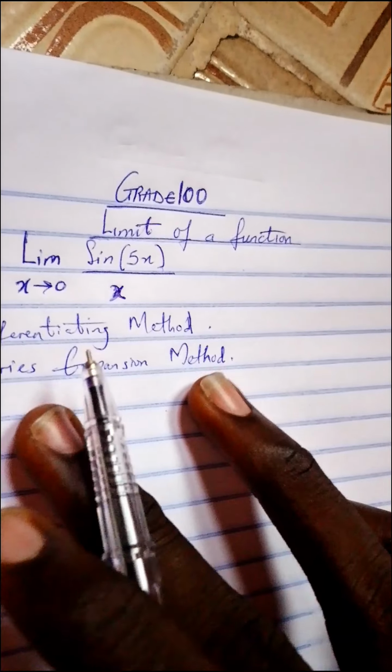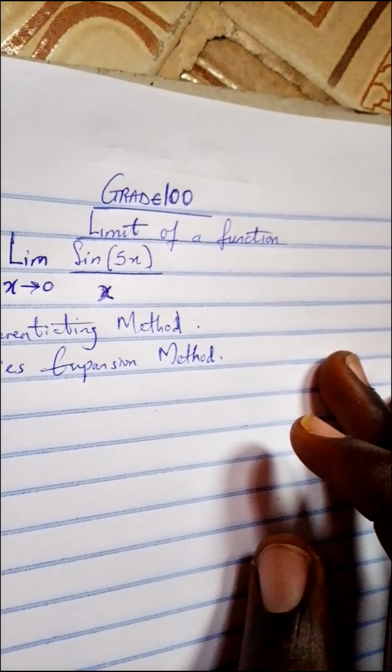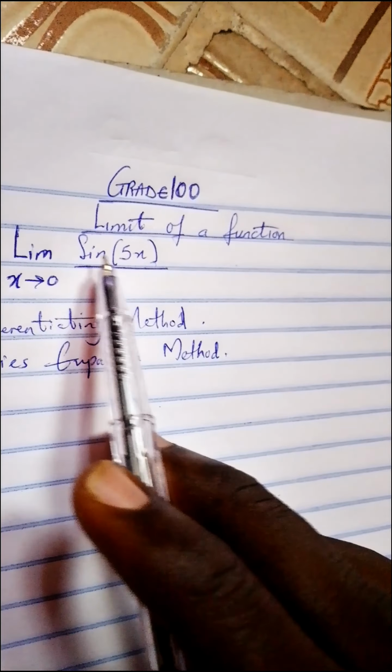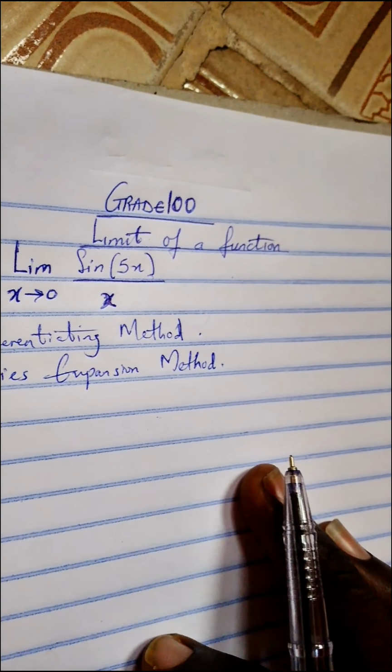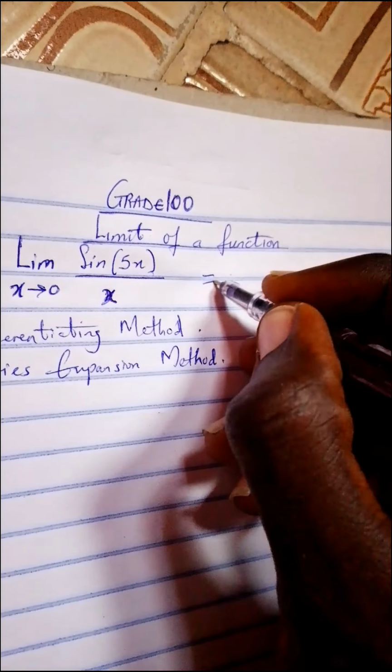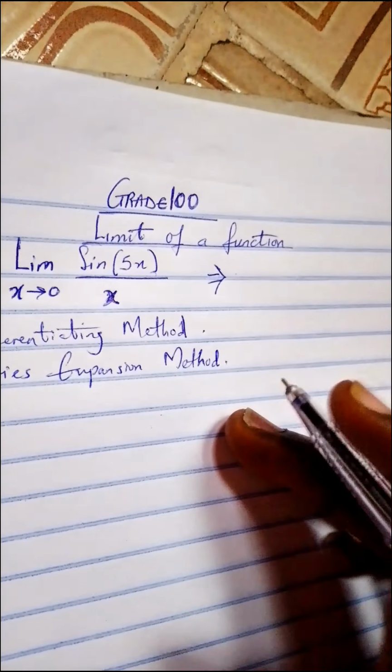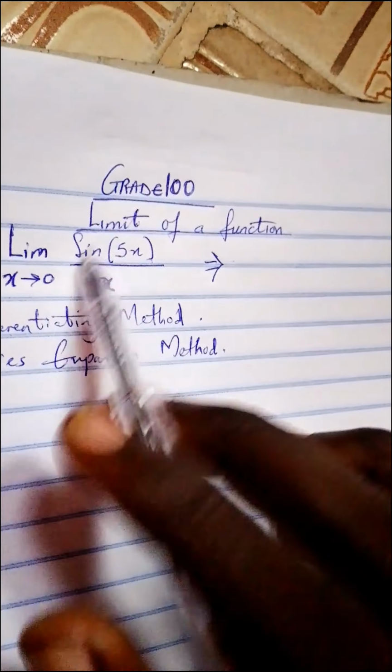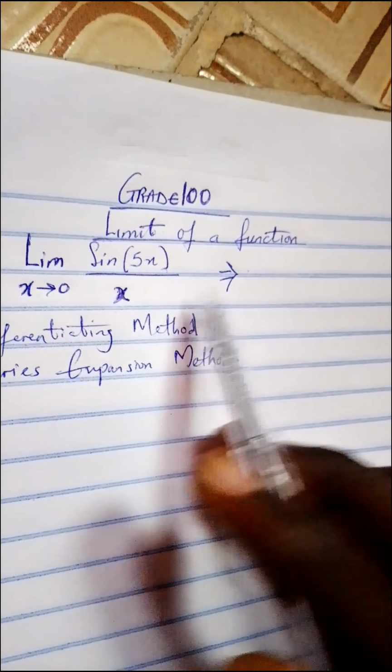Now, we are not going to be using the quotient rule. Don't stress yourself. You are just going to differentiate the numerator and the denominator separately and put your value inside. So if we differentiate the numerator, the shortcut is a kind of chain rule method of differentiating.